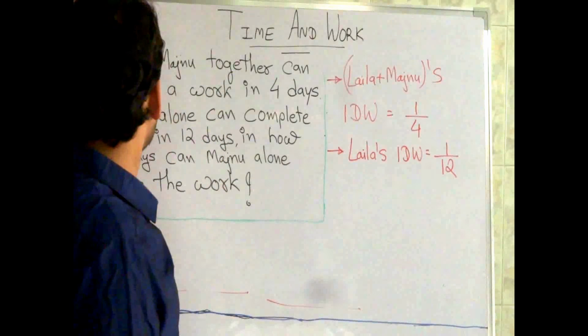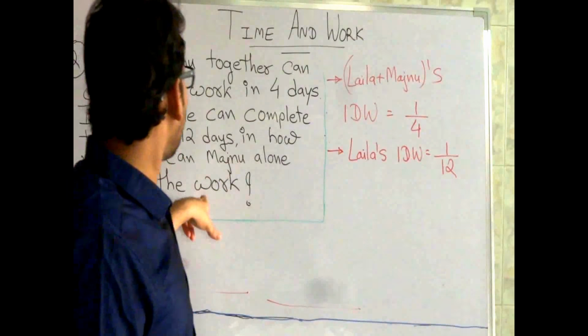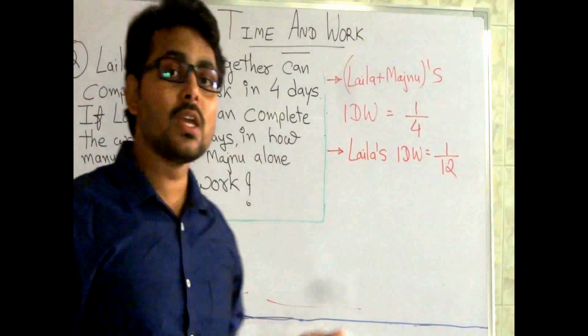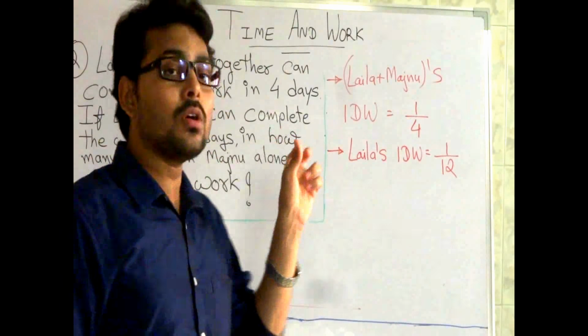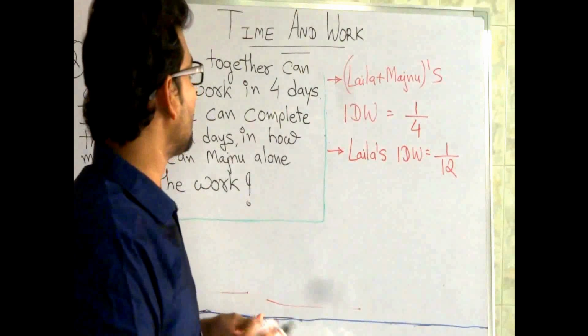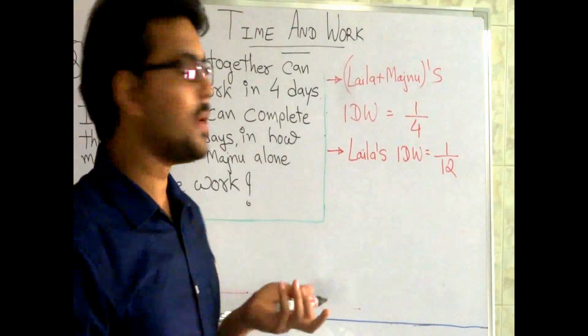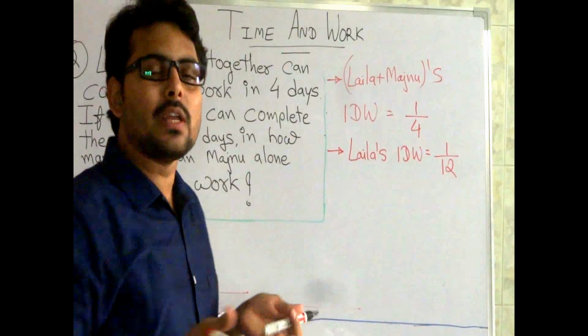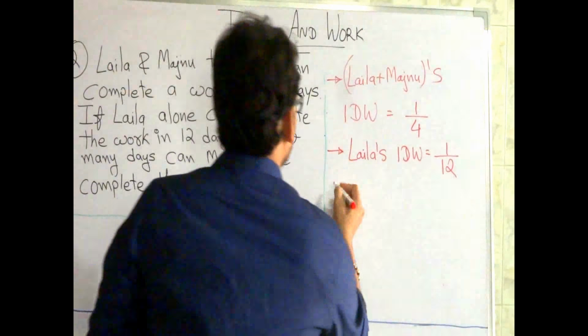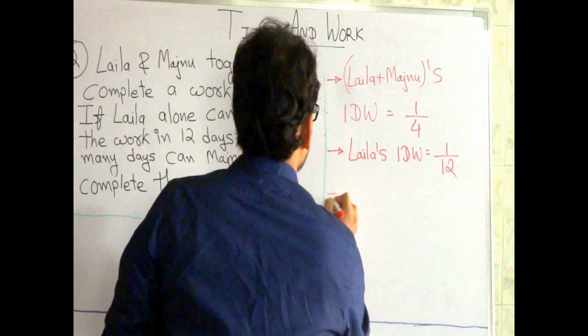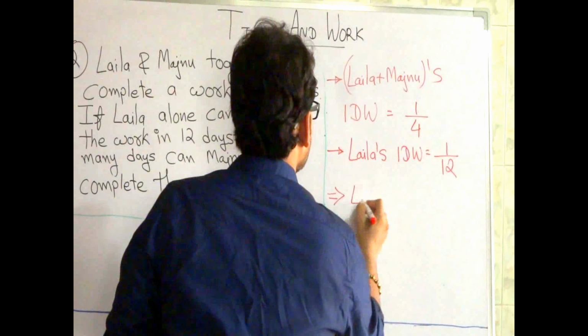Now what they are asking is, if Majnu alone is working, how long will Majnu take to complete the work? So simple, the same formula as the first one, A plus B. We will solve like this.